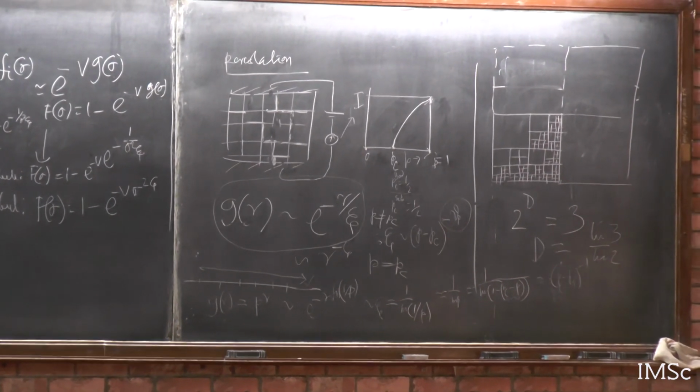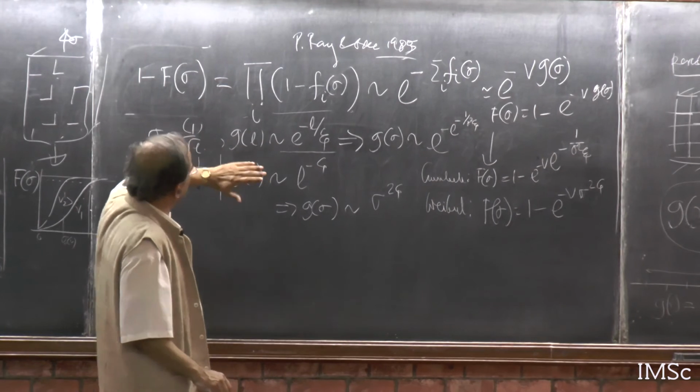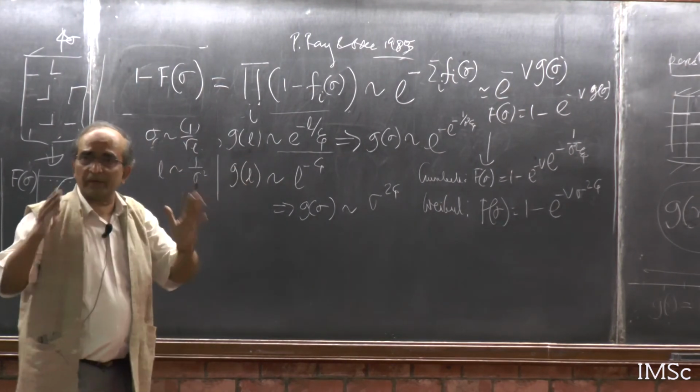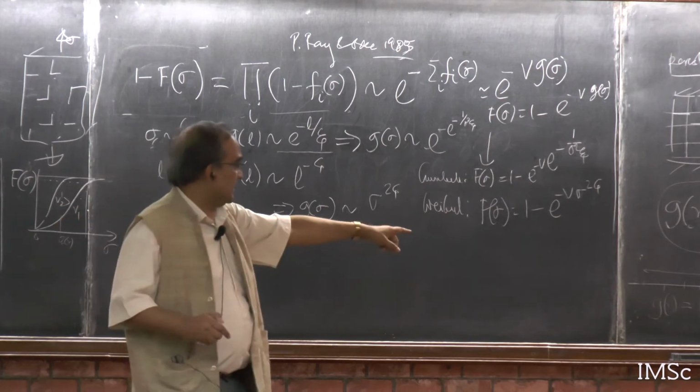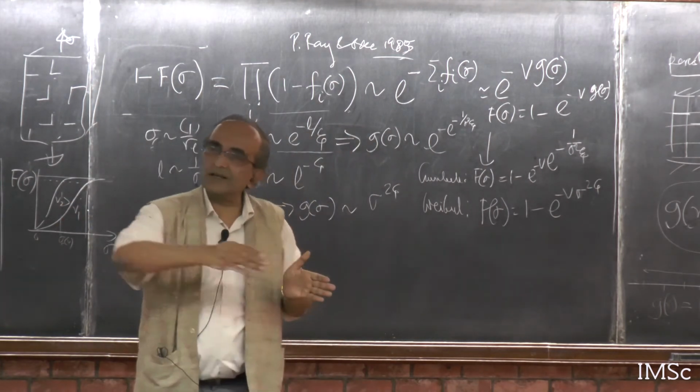So this is what we are using. If you have a defect, GR means that up to R there are defects.